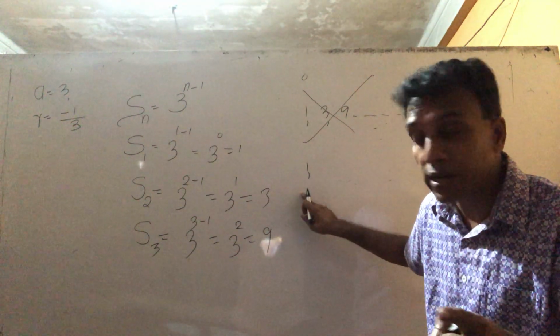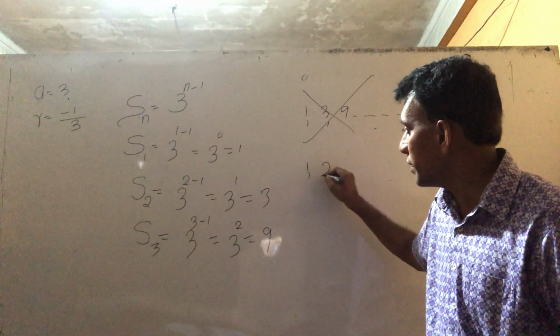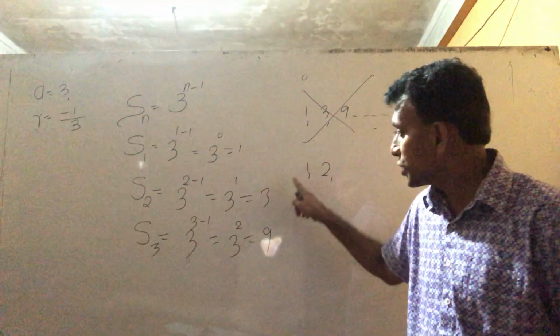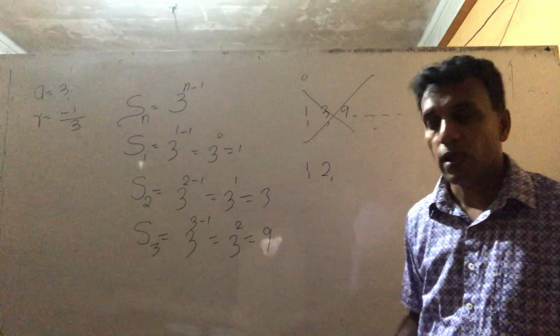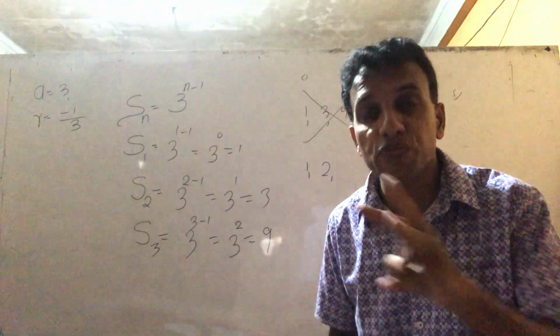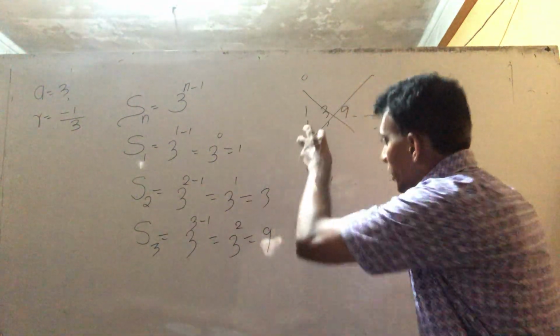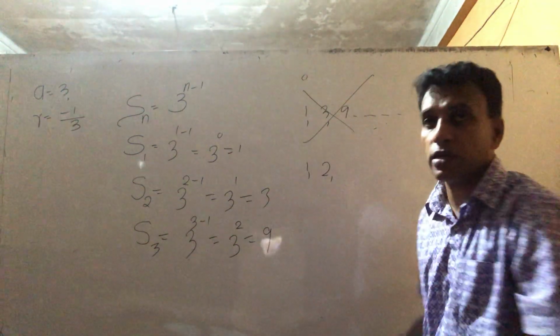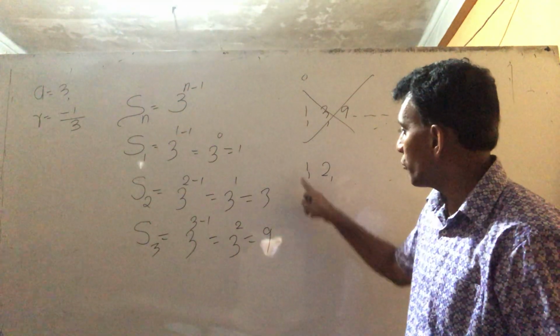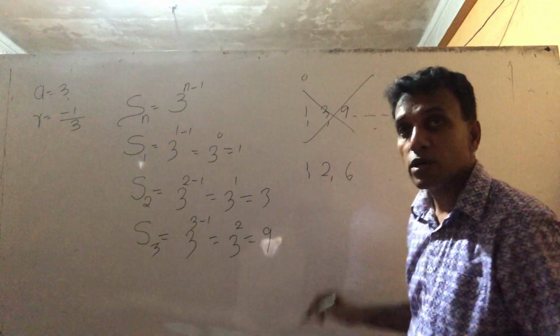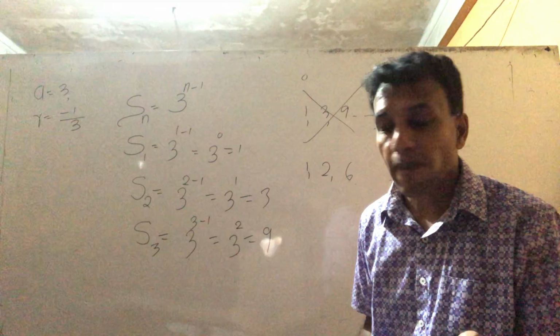So the first number is 1, therefore the second number is 2. First 2 addition is 3. What does S3 mean? Sum of 3 numbers. So first 3 addition is 9, but the first two are 3, therefore the third number is 6. I hope you understood clearly.